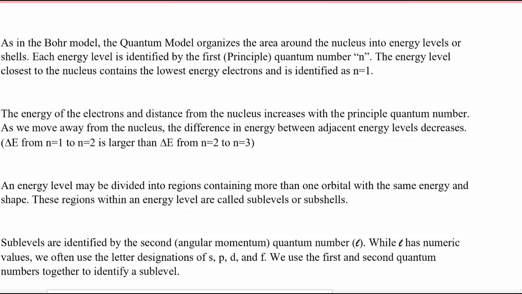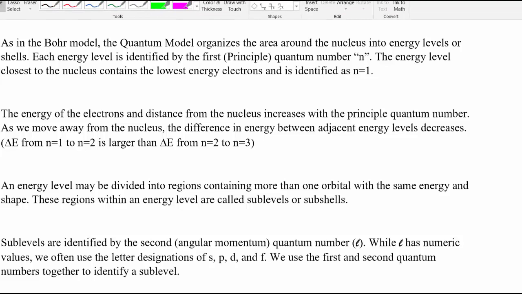Okay, n equals 1 to n equals 2 is a bigger difference in energy than n equals 2 to n equals 3 is. All right, and then likewise, n equals 3 to n equals 4 is an even smaller difference in energy. So let me see if I can do a little drawing to show you visually what I'm talking about. All right, let's just go back up here.